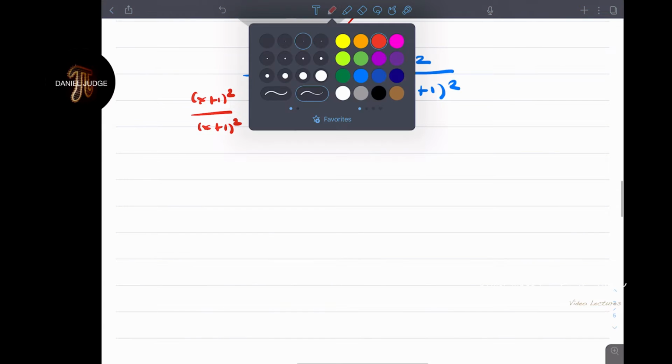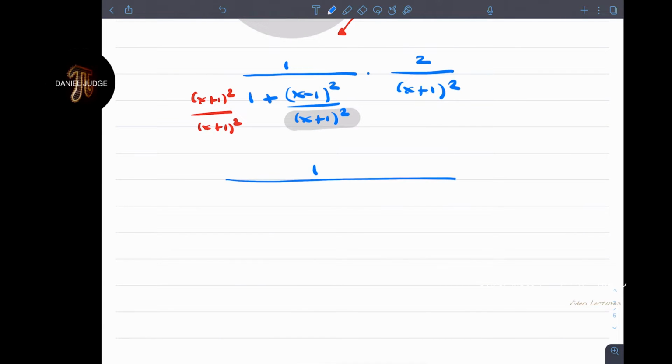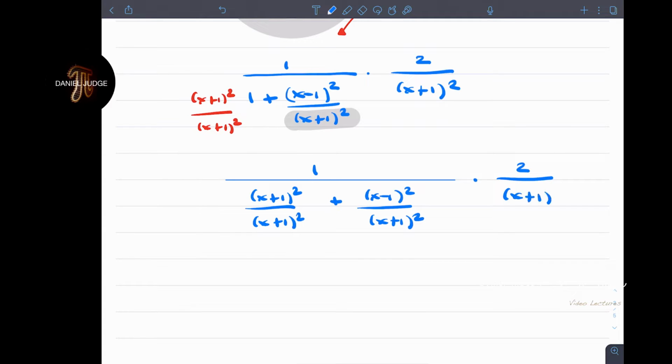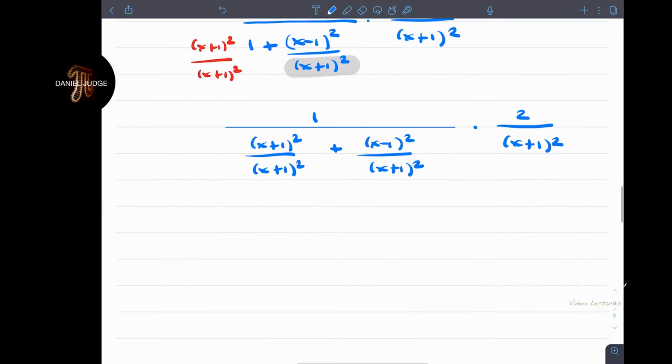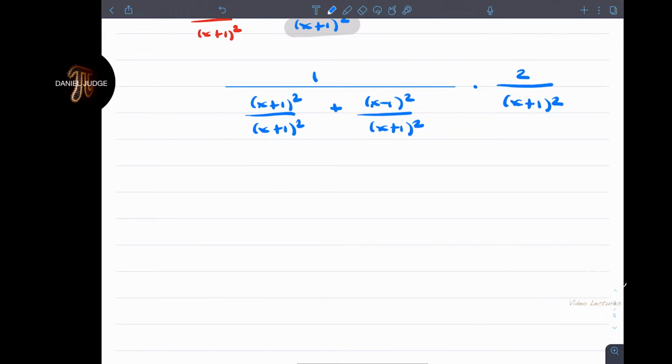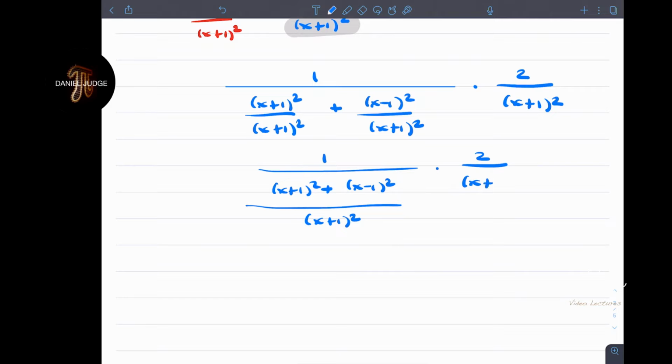So in this denominator portion, you get x plus 1 squared over x plus 1 squared. And don't forget 2 over x plus 1 squared. So we're now going to be able to add these fractions here in the bottom here, the denominator. And you'll have x plus 1 squared plus x minus 1 squared over x plus 1 squared times 2 over the x plus 1 squared.